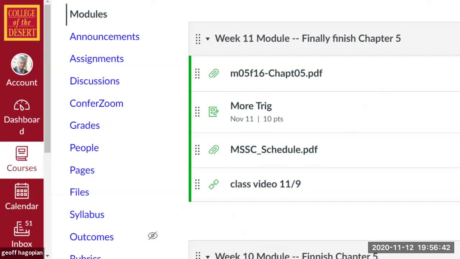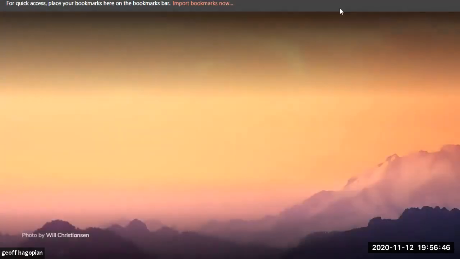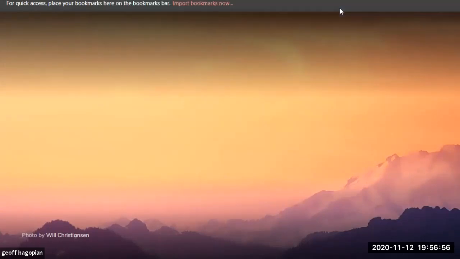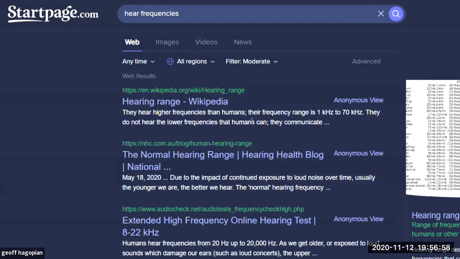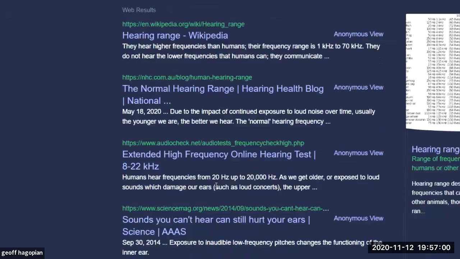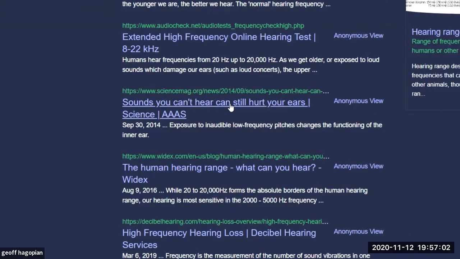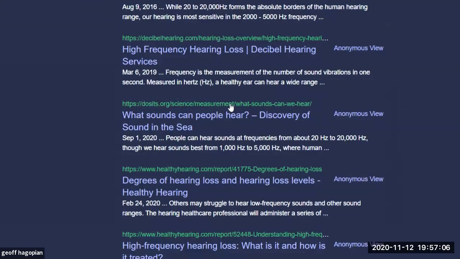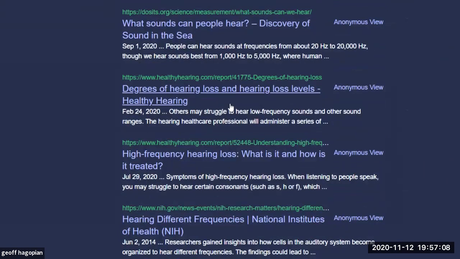I want to make sure I'm picking the right browser. So let's go out here and say, frequency. I don't know, what else to say? How do you search for this? Hearing range, normal hearing range. Sounds you can't hear but can still hurt your ears. What can you hear? High frequency, low frequency. What sounds can people hear?